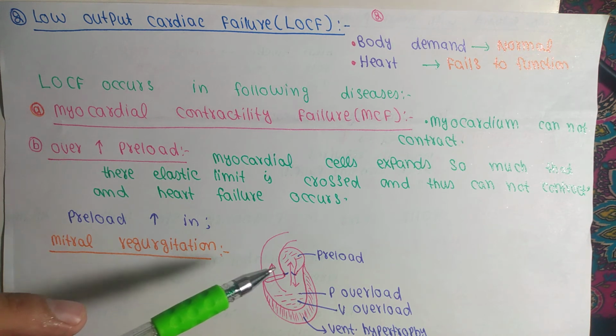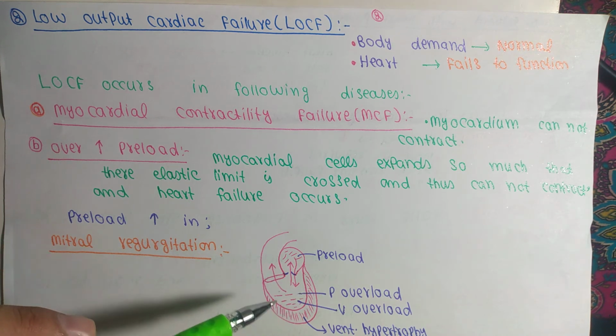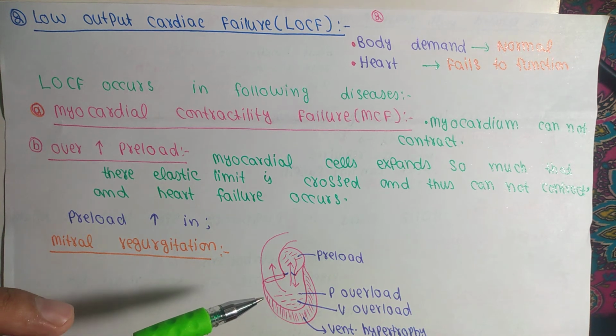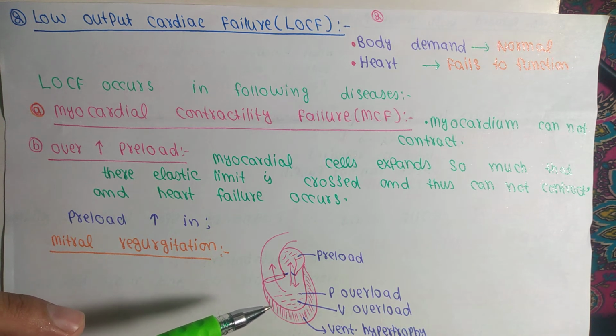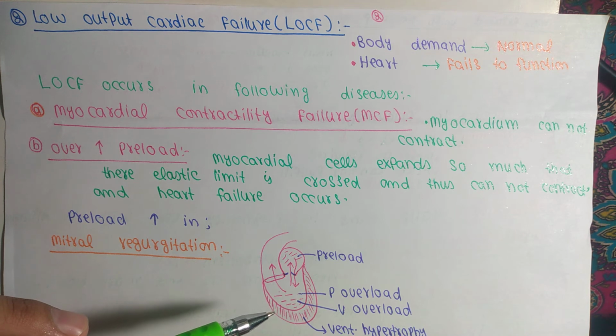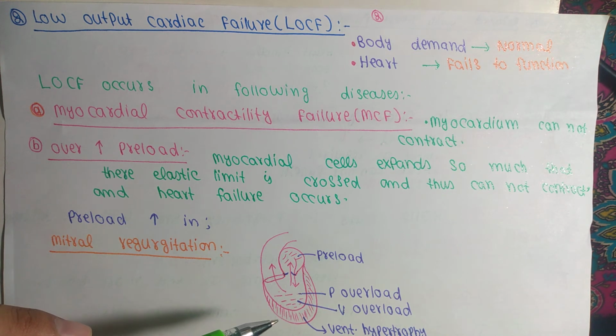Why? Because when the blood is coming too much into the ventricle, it relaxes, and these cardiac muscle cells, cardiac myocytes, increase in length so much that their elastic limit is reached.